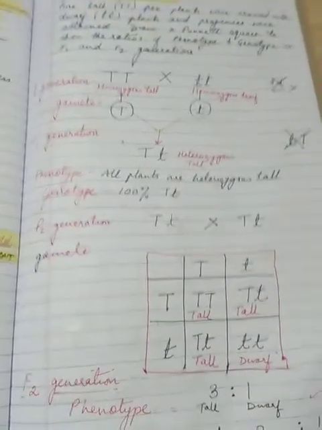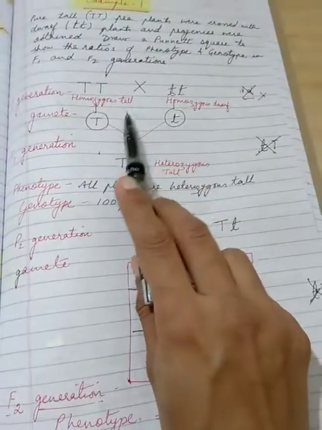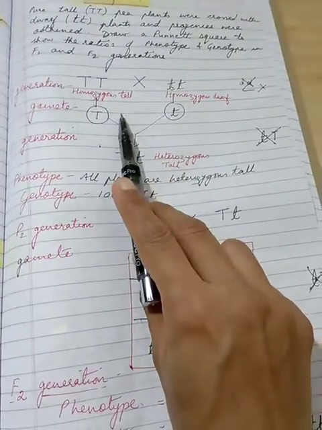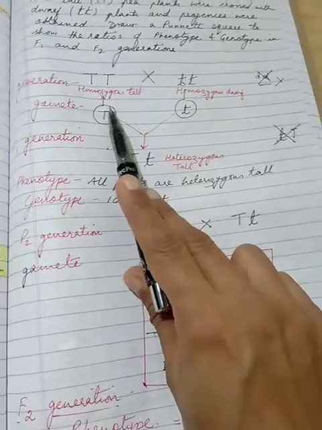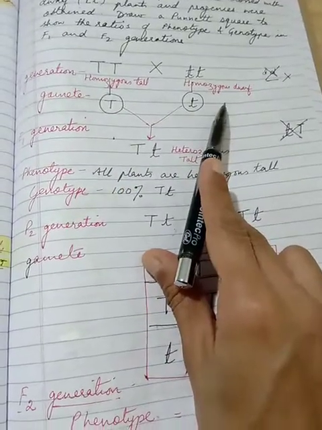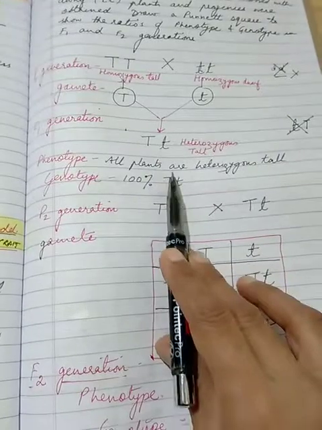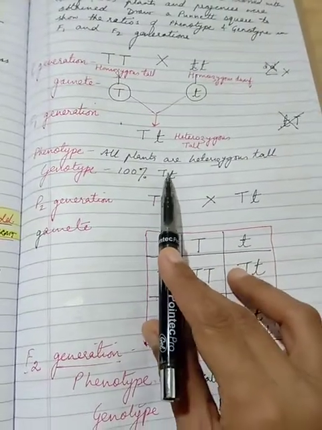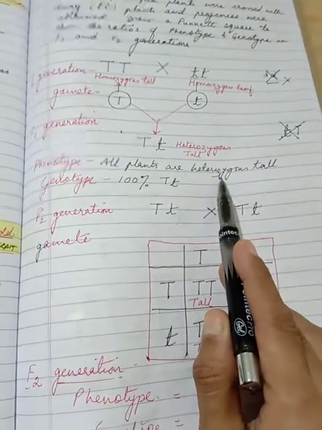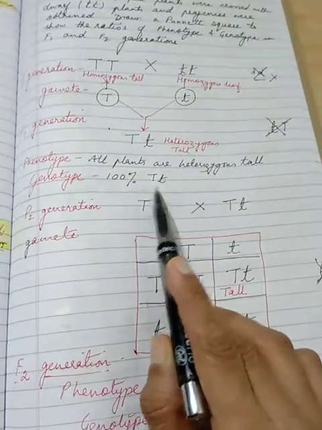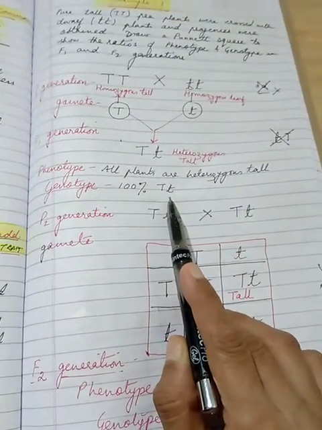Now, what was a monohybrid cross? A cross in which the parents were with one contrasting character, right? There was just one contrasting character, that is, if one was tall, the other was dwarf, and the F1 generation was shown, the phenotype and genotype. The phenotype means the physical appearance of the progeny or the children born, and the genotype means the possible genetic combination.